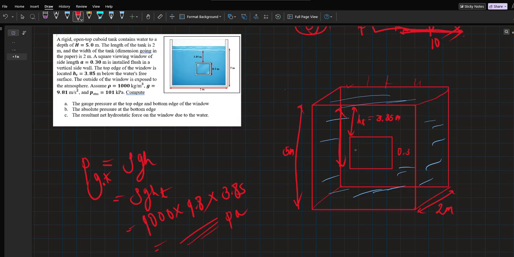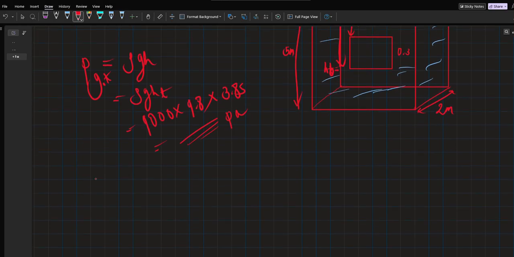So the bottom edge height from the top of the water surface will be: the gauge pressure at the bottom is equal to rho g h, where h here will be 3.85 plus 0.3, right?